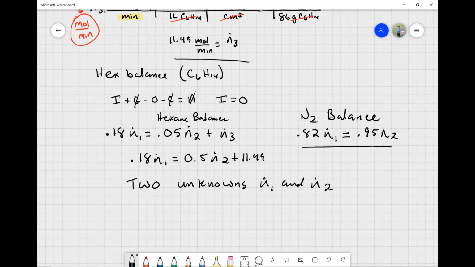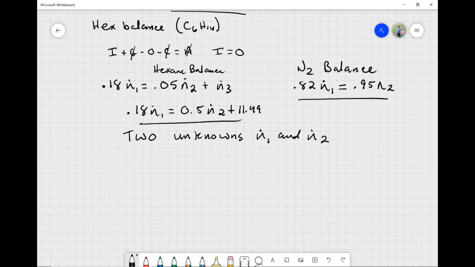So we have our two equations, and now we're going to have to solve it as a system of equations. And I tend to use elimination substitution when I do this.